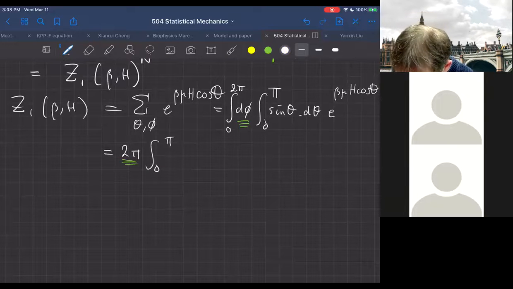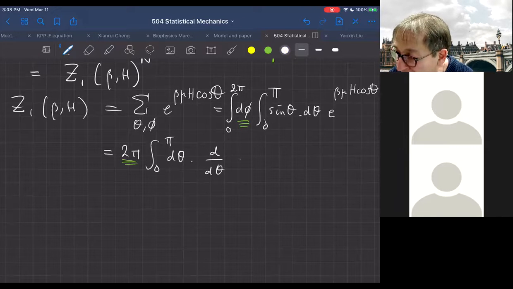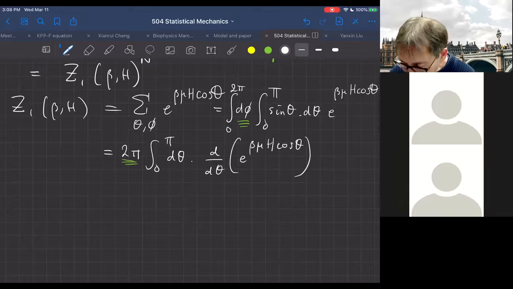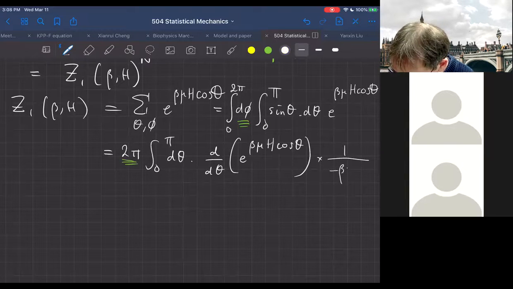I can write that as d theta times d by d theta of e to the beta mu h cosine theta. When I take the derivative with respect to theta, that's going to bring down an extra factor of beta mu h sine theta with a minus sign, and so I have to divide by that. So this is times 1 over minus beta mu h, like so.